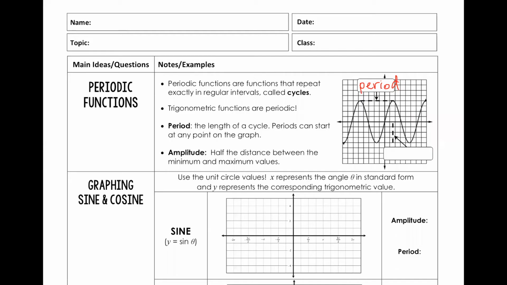Your amplitude is defined as half the distance between the minimum and maximum values. So you would get the distance between your minimum and your maximum and divide it by 2.